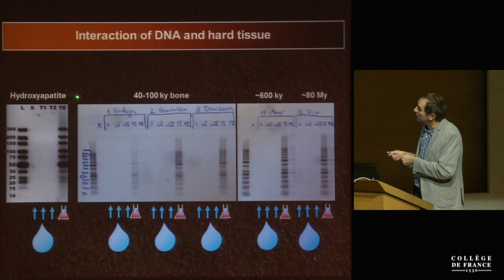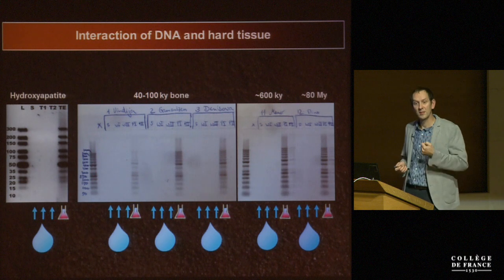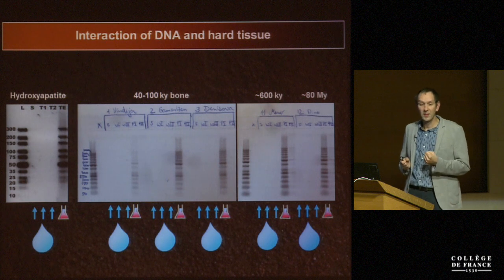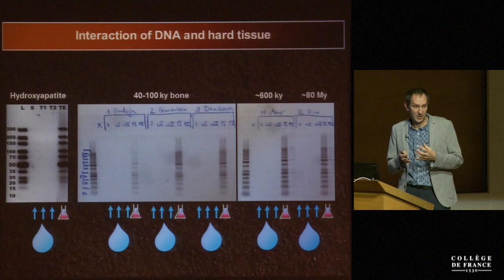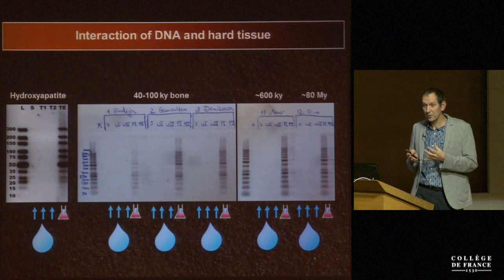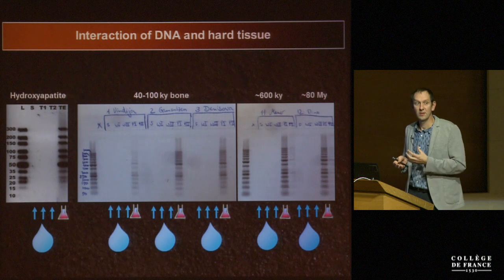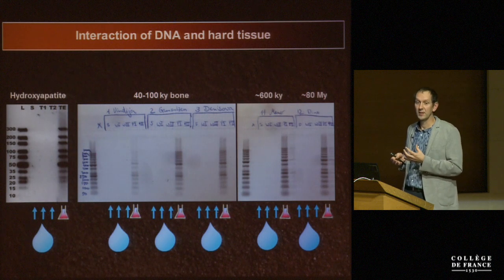And this experiment you can repeat with ancient bones. So you can take bones that are anywhere in age between 40 and 100,000 years, for example, expose them to DNA, and the DNA will disappear and only reappear if you do a harsh chemical treatment on the bone. So this demonstrates that hydroxyapatite, which is present also in ancient bones, does have a very strong binding capacity for DNA.